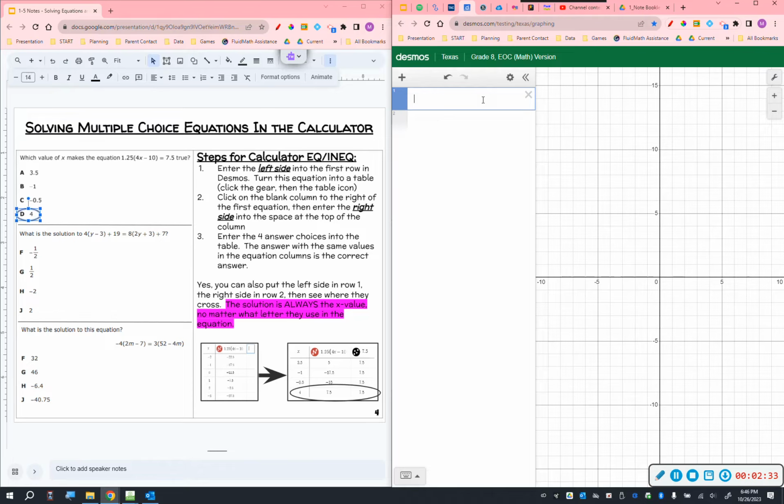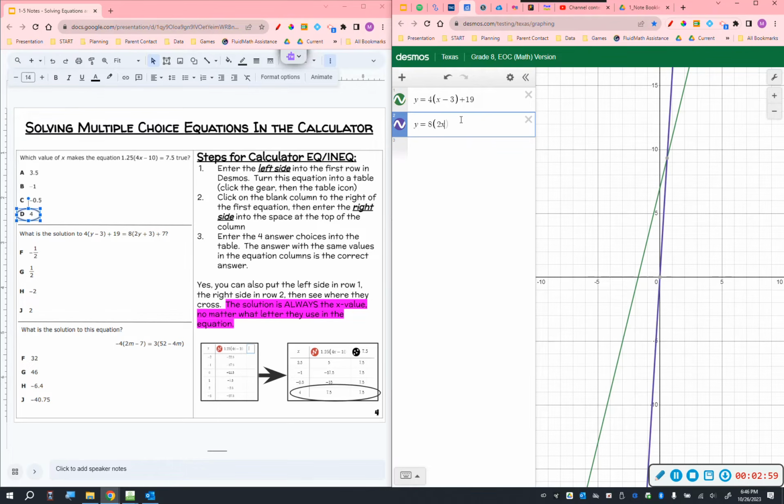Let me get rid of this one. Let's try this one. It says, what's the solution to 4y minus 3? Instead of putting y, I'm going to put x minus 3, plus 19. That's the first row because it's the left side of my equation. Then I'm going to do y equals 8 parentheses 2x plus 3, plus 7.